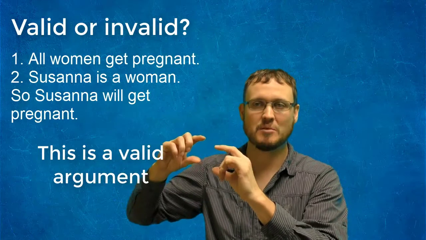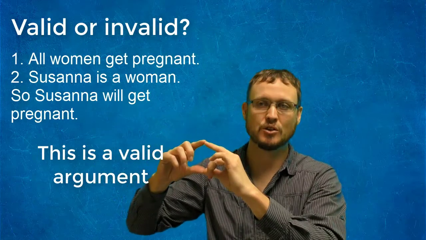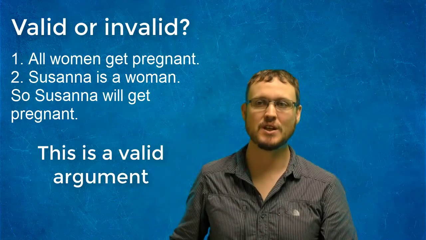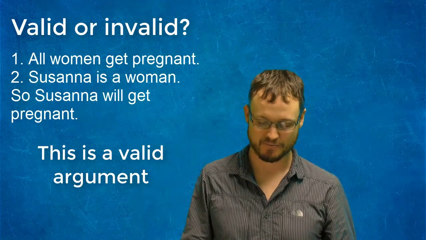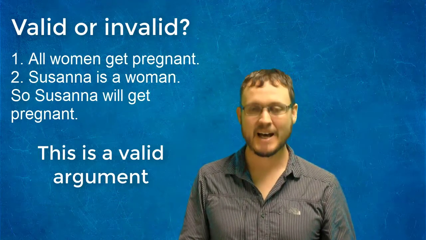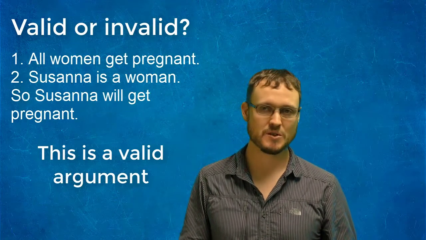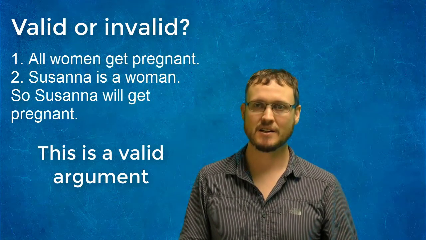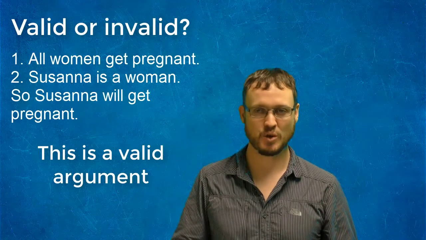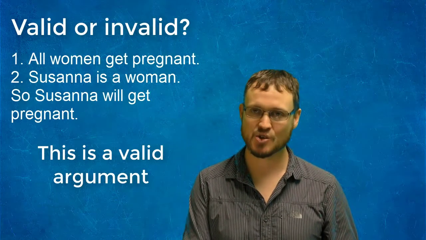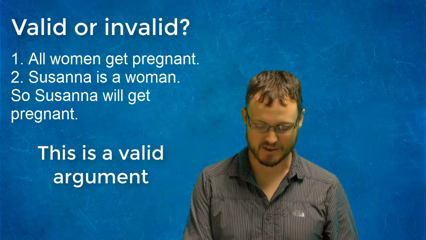But with a deductive argument, the truth of the conclusion is contained within the premises in a sense. So that would be a valid argument, even though the first premise is false. Right? Again, you've got to understand the difference between assumed truth and actual truth to really get this material.